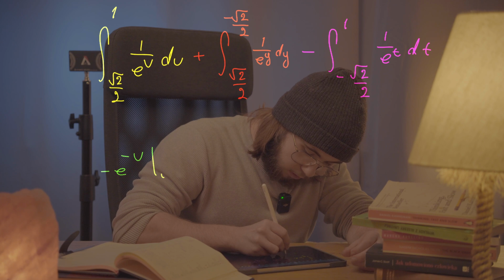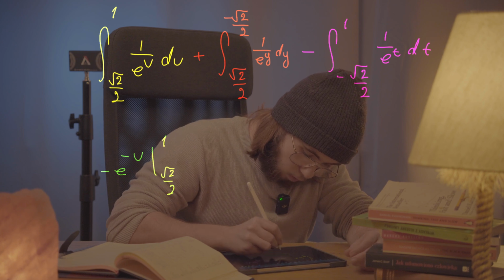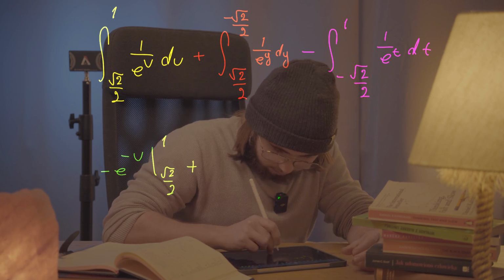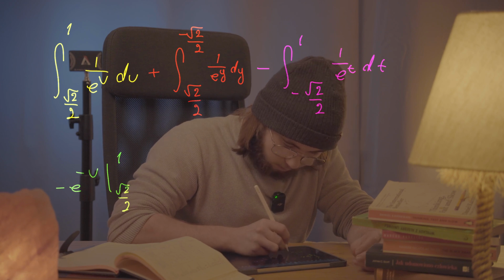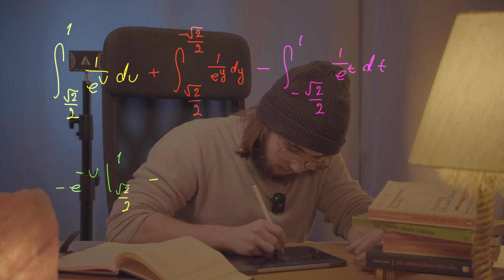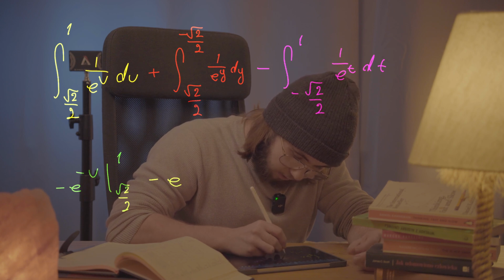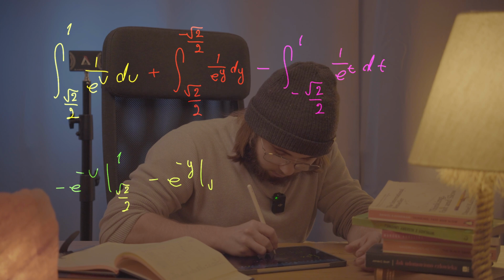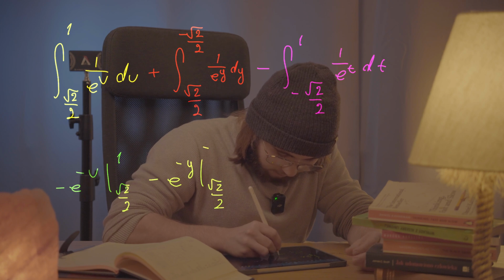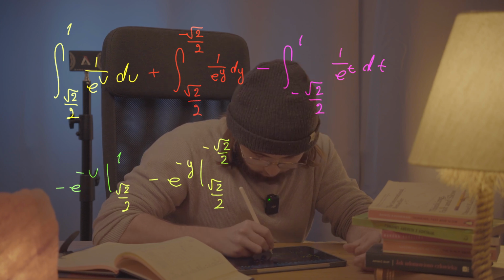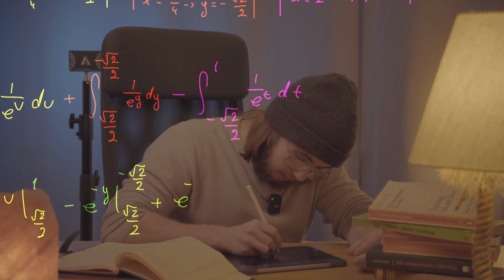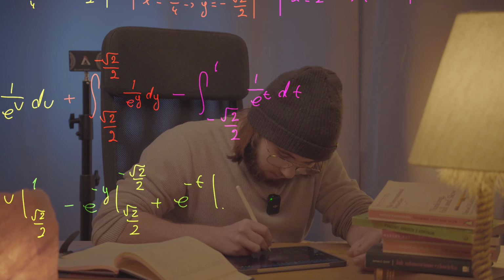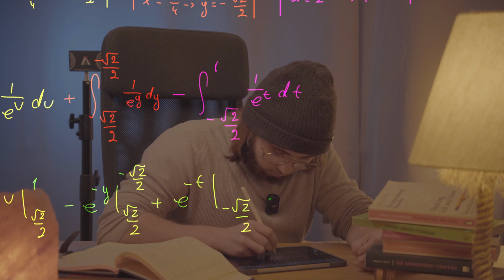And so right now we can just change the colors and get negative e to the negative u between square root of 2 over 2 and 1, and then plus, or rather minus, or the plus? Minus? Yeah, it's going to be minus e to the negative y between the square root of 2 over 2 and negative square root of 2 over 2, and then plus e to the negative t between negative square root of 2 over 2 and 1.